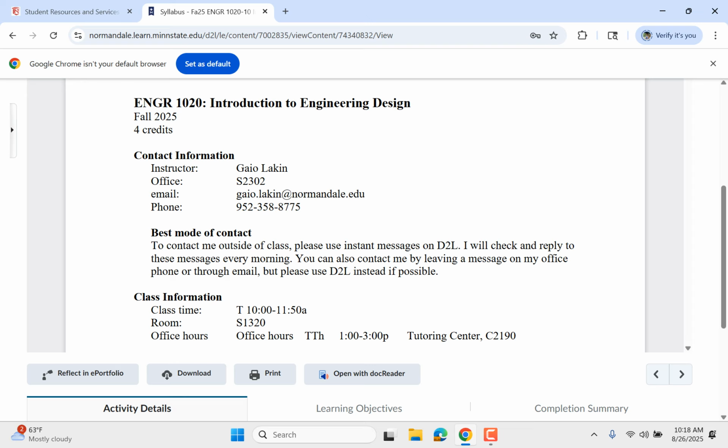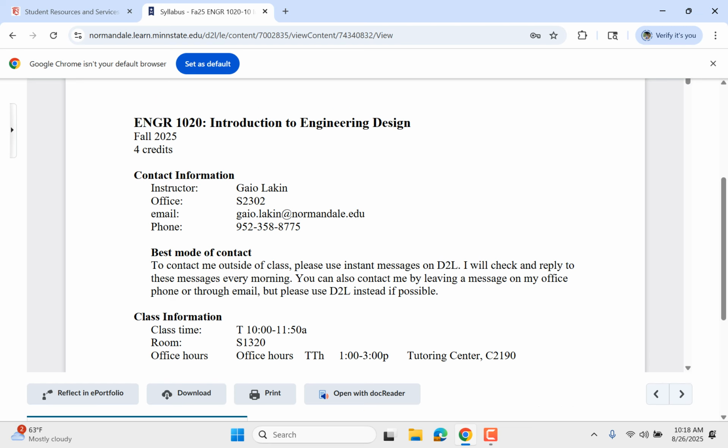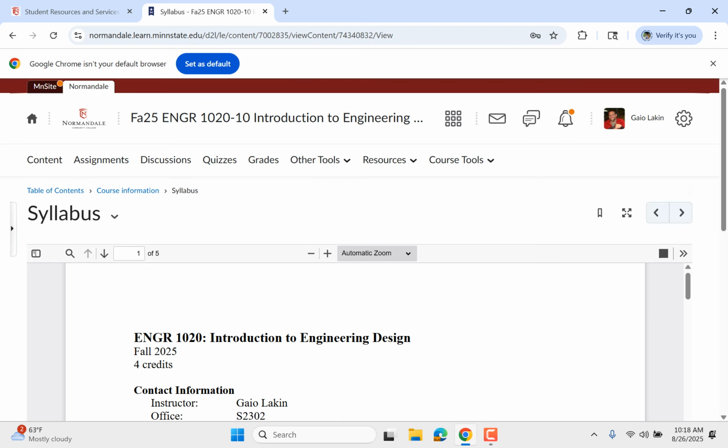You can get a hold of me through email or my phone, leave messages if I don't answer. But the best way to get a hold of me, for stuff you need a reply to, which I guess is everything you would ever contact me about, is the instant messenger on D2L. So that's this mail icon up here.